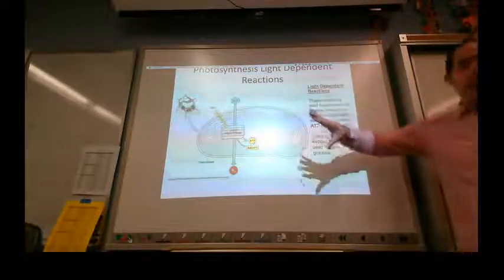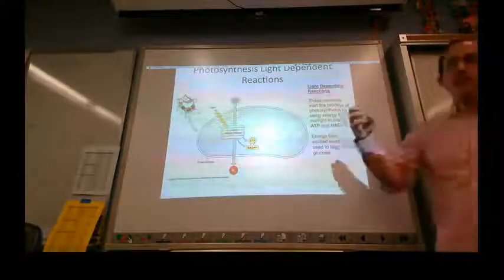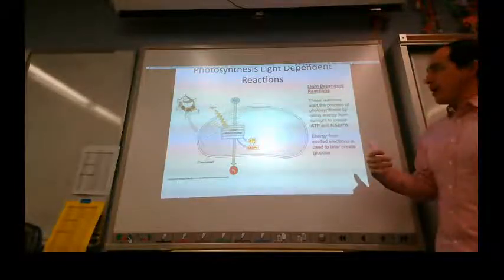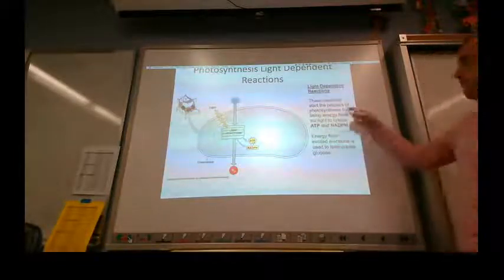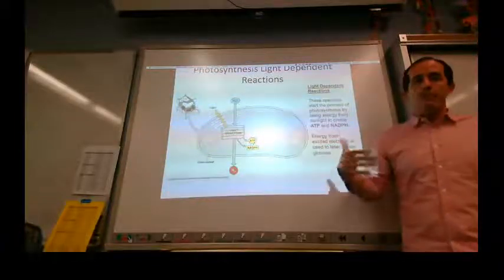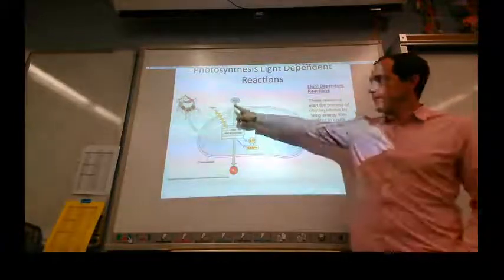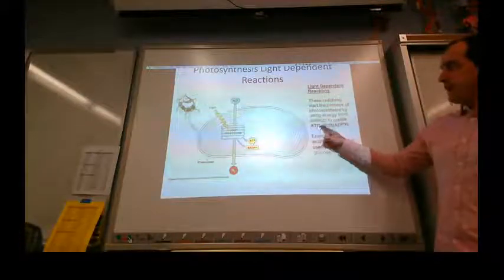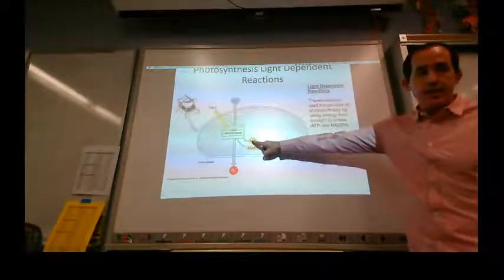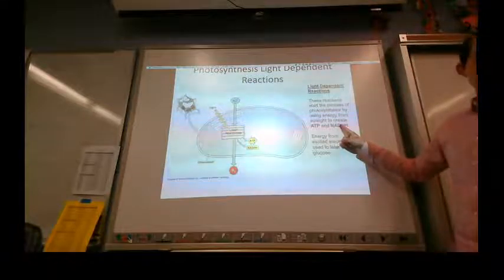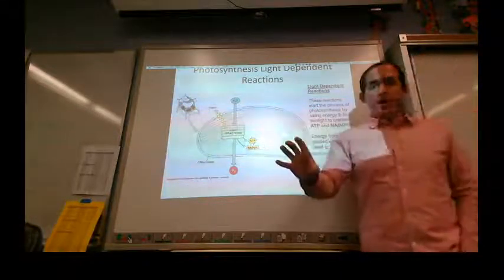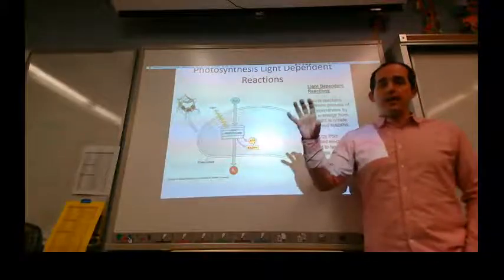So the light-dependent reactions are a series of chemical reactions that start the overall process of photosynthesis by using energy from the sun as well as water to ultimately create ATP, which is right here, and NADPH, which is right here. Okay? So again, big picture idea.